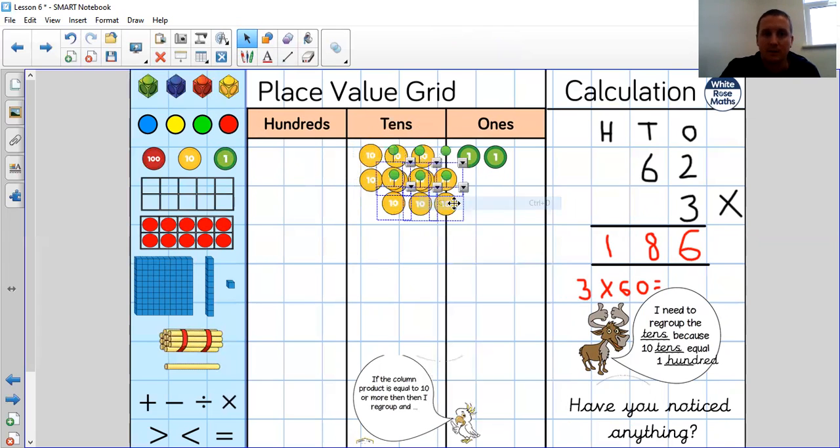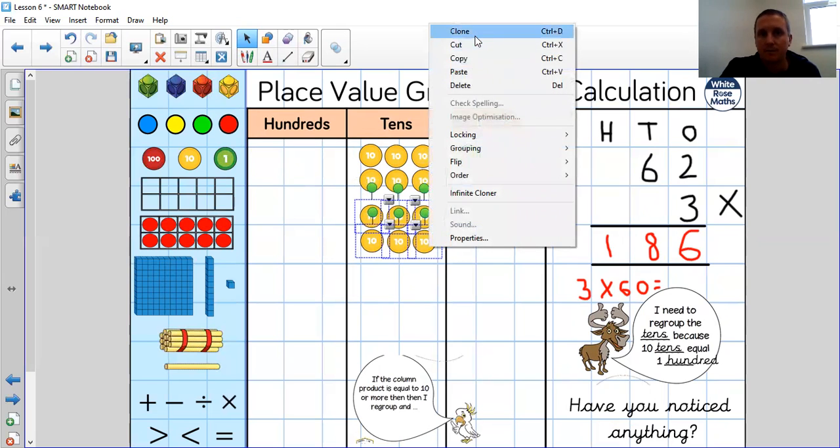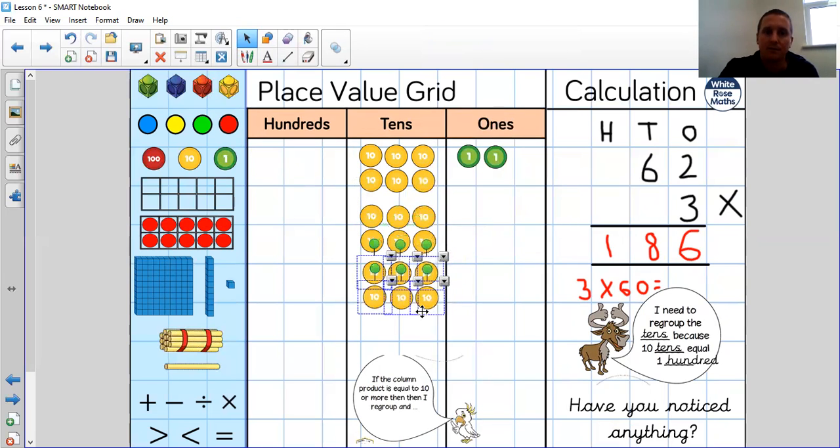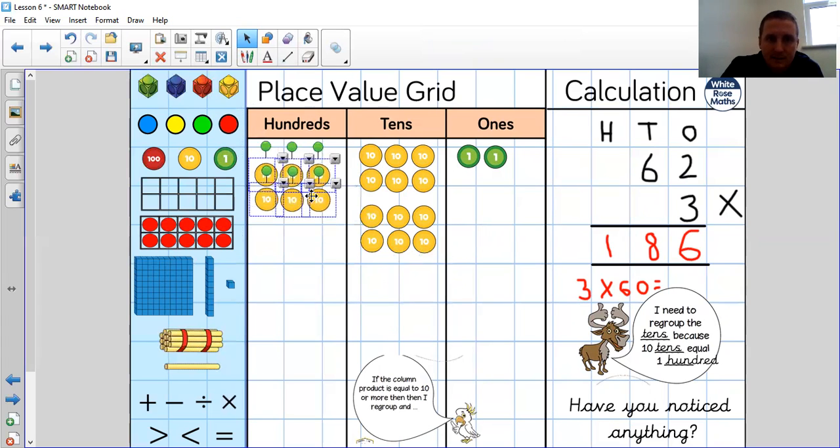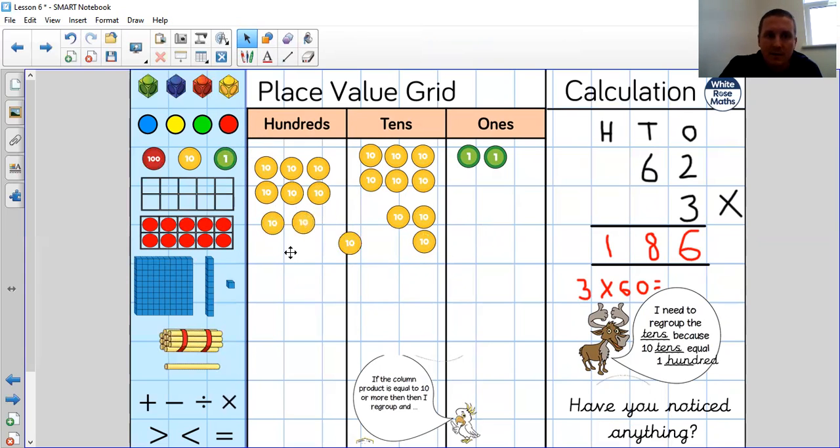So I'm going to clone. There we go. 1, 2, 3. So I've got my 3 groups there. We said that if we get to 10, that equals 100. So I'm going to move. There's 6 there. Look, that's 6, 7, 8, 9, 10.